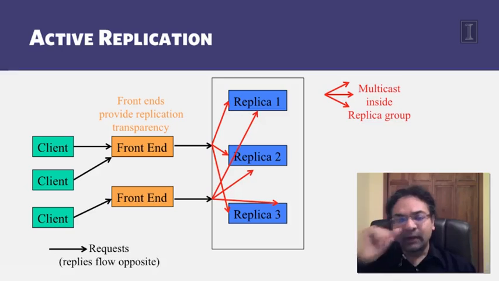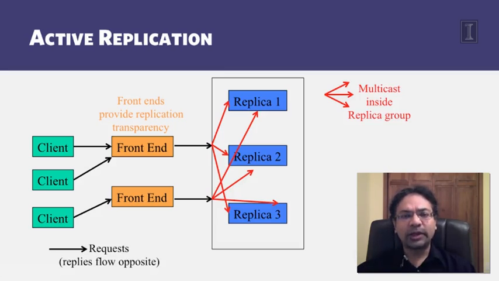In comparison to passive replication, active replication does not use a master or a leader. Instead, each of the front ends multicasts out the request, read or write, to the entire replica group. For this, you can use your own favorite multicast protocol that you've seen earlier in the course. The red arrows over here show a multicast inside the replica group.